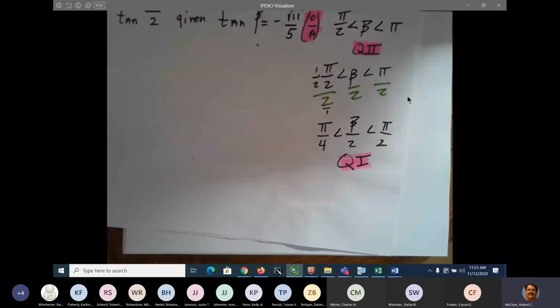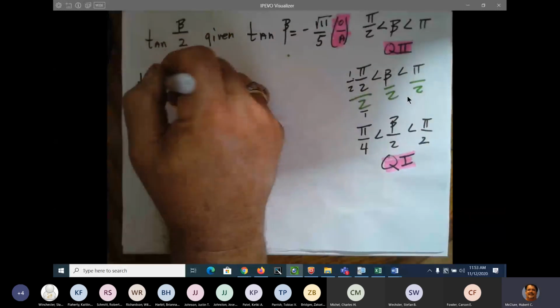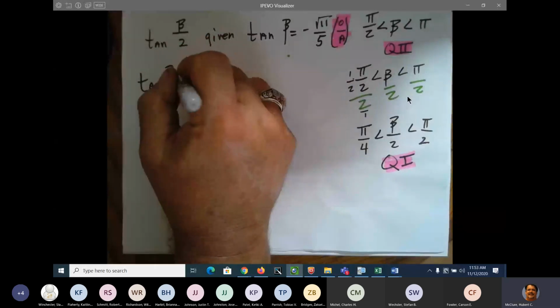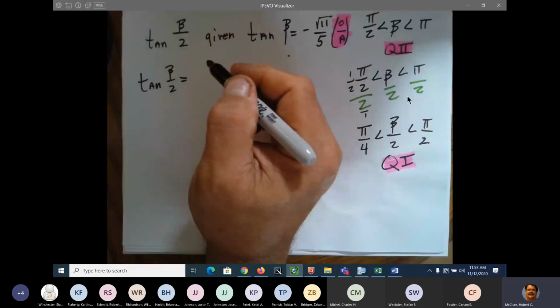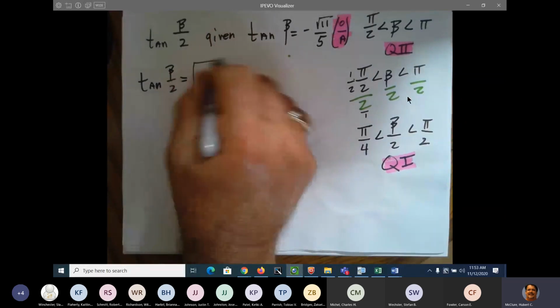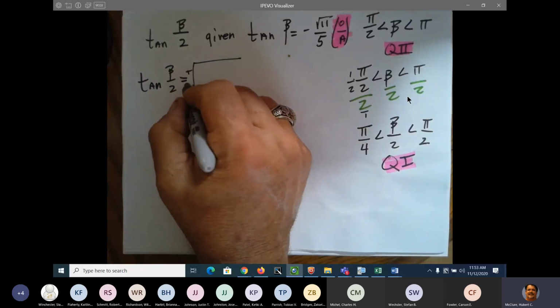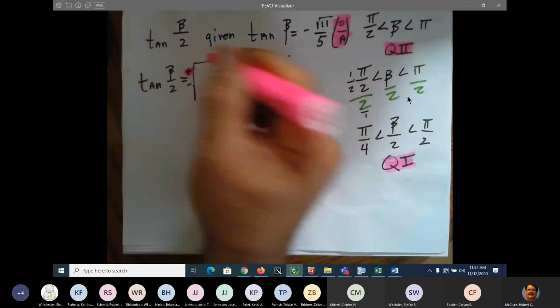And there's one more thing. You're going to be using tan of beta over 2 is equal to, and you can use any one that you want to. Okay, I'm going to use the square root. You don't have to use it. Plus or minus. Well, we know that it's in quadrant 1, so I'm going to highlight the positive.